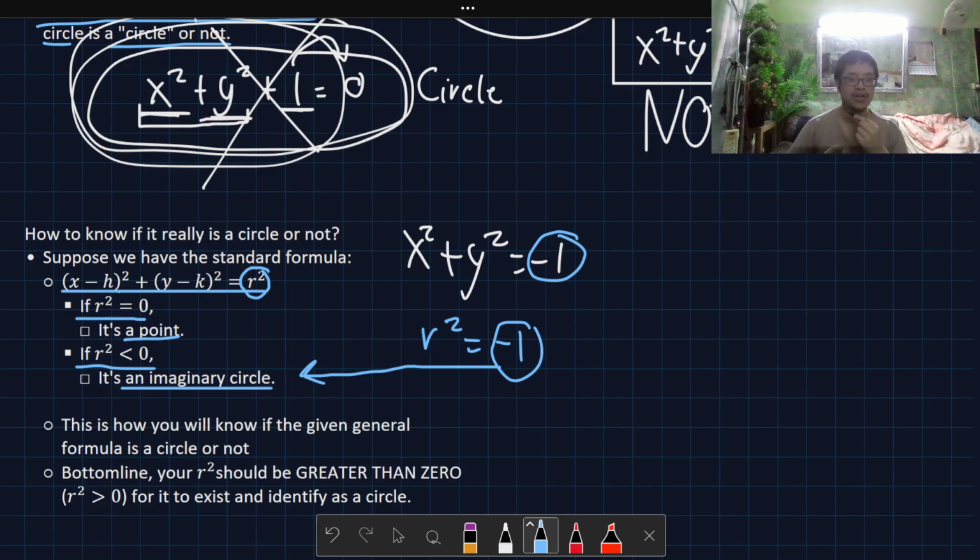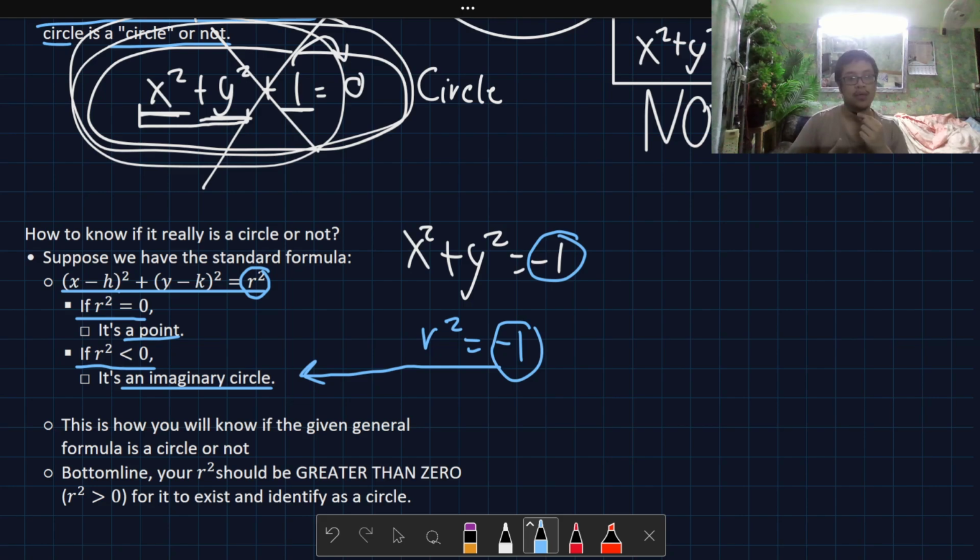Now, here's a question. Why is it an imaginary circle? And if your r squared is 0, why is it called a point? How do we know that it's a point, graphically speaking? Why is it a point if your r squared is zero?